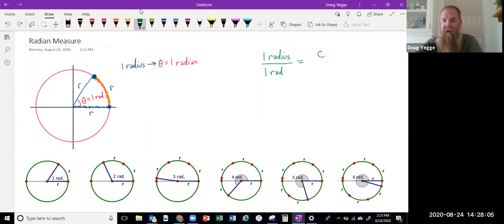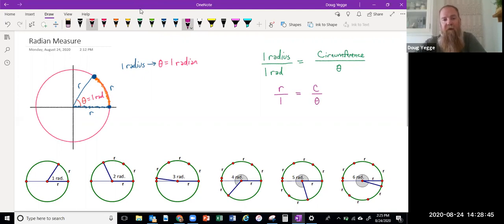So that would mean that the circumference over theta. All right, so if we were to simplify this a little bit, why don't we think about one radius as simply being r? So let's rewrite this as r, one radius, divided by one radian, which remember it's called unitless, it has no measurement, and therefore that's equal to c over theta.